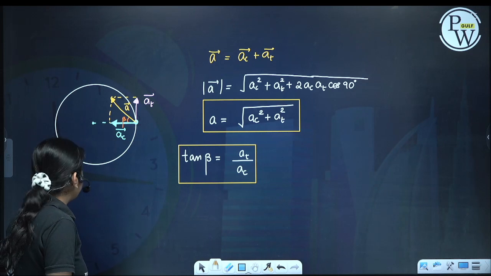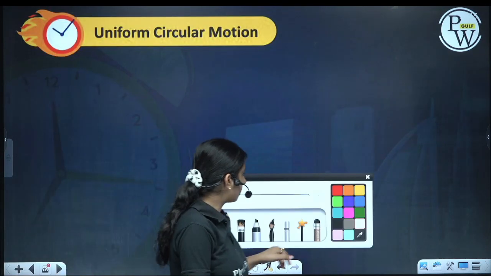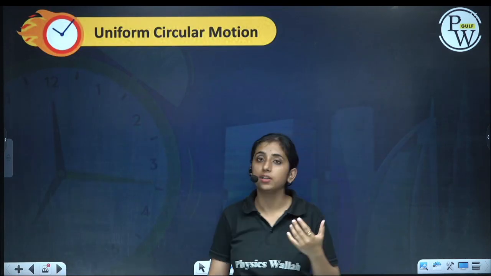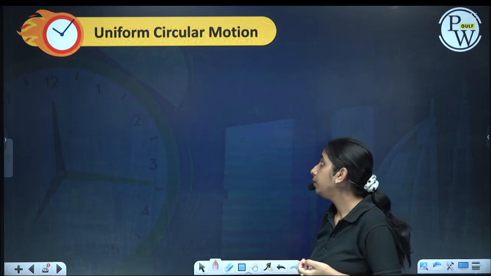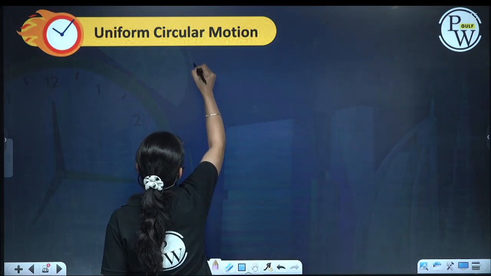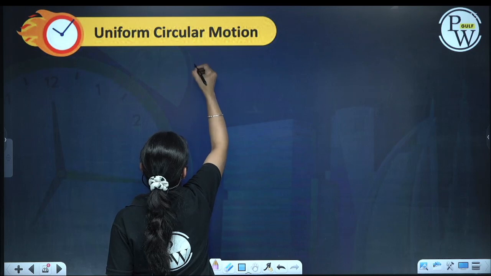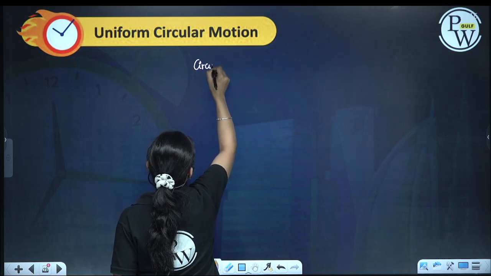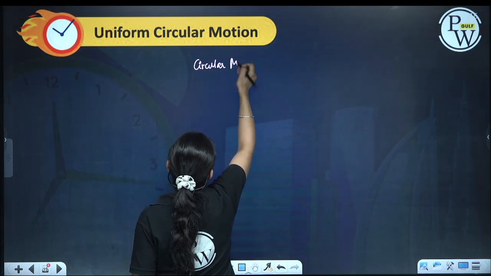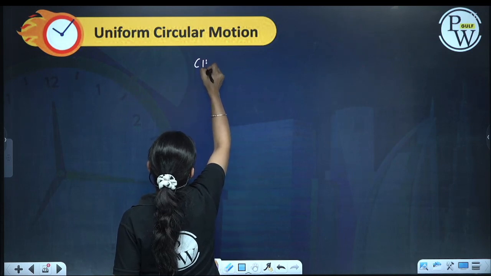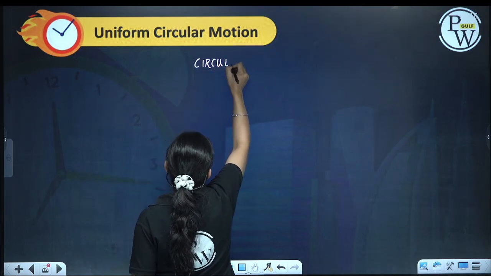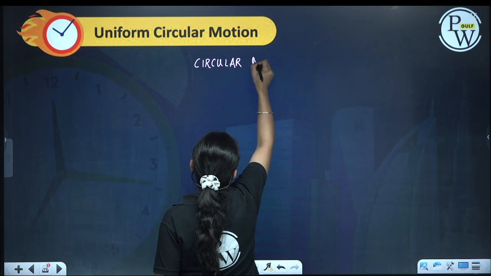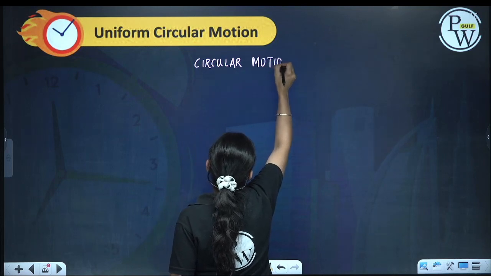Now let us do the types of circular motion on the basis of this. First comes uniform circular motion.